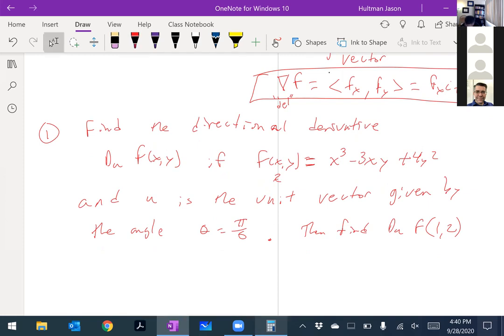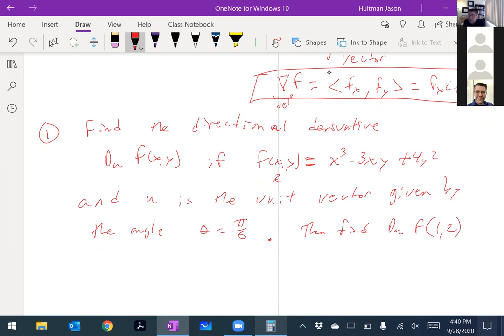Well, that unit vector is using theta. So what does that mean? It means I'm going to have to parametrize my unit vector in terms of theta. I want a vector of length 1 in terms of theta. How would I get a vector of length 1 in terms of theta?